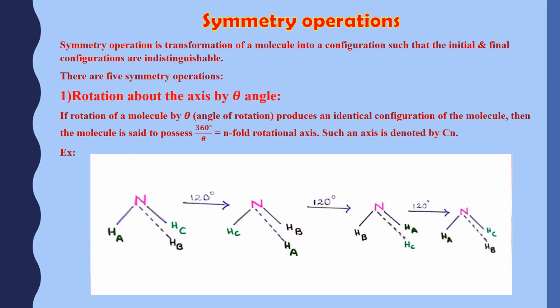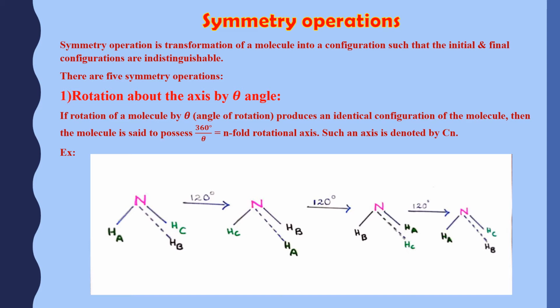So look at the example given here, students. N with 3 hydrogen atoms, when it is rotated by an angle of 120 degrees, how the atoms are being changed you can observe in the figure given below. Next, again after rotation by 120 degrees, how the atoms are changed, just carefully notice.